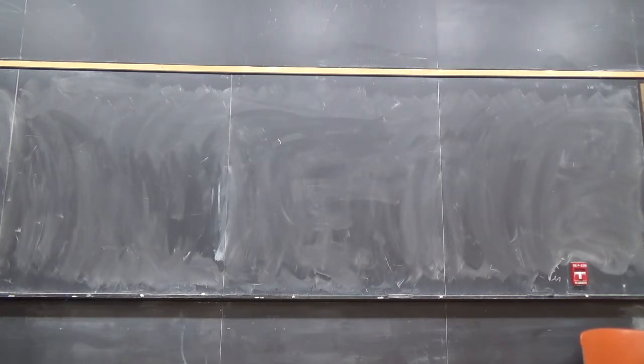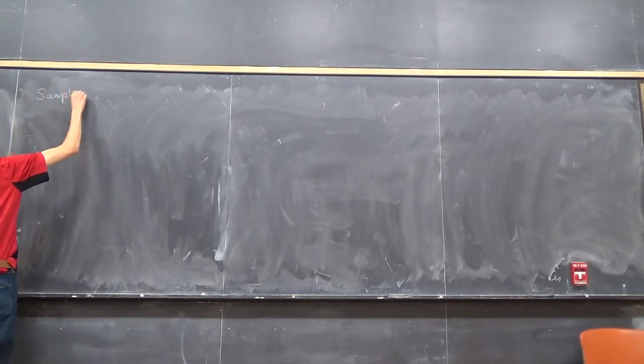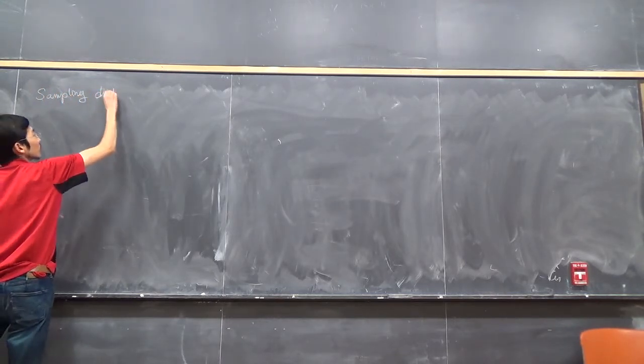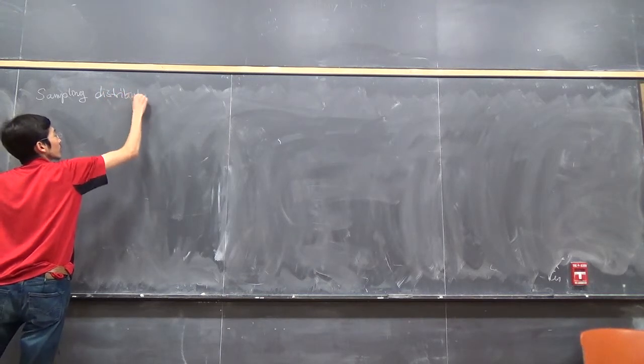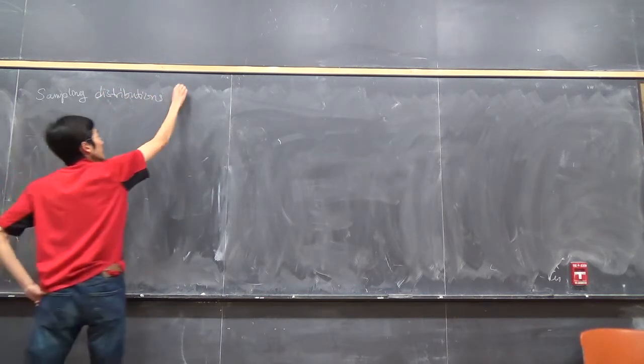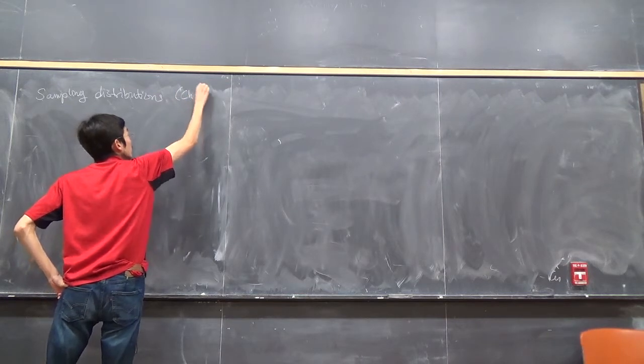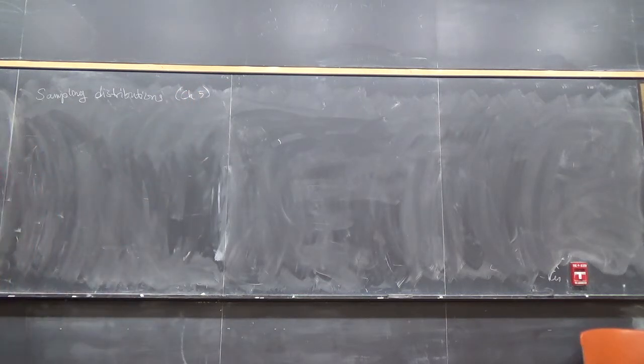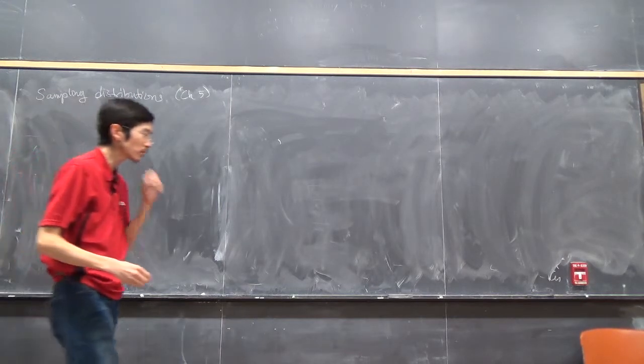So we have sampling distributions, which is chapter 5, and then we'll also cover confidence intervals in chapter 6. All right.